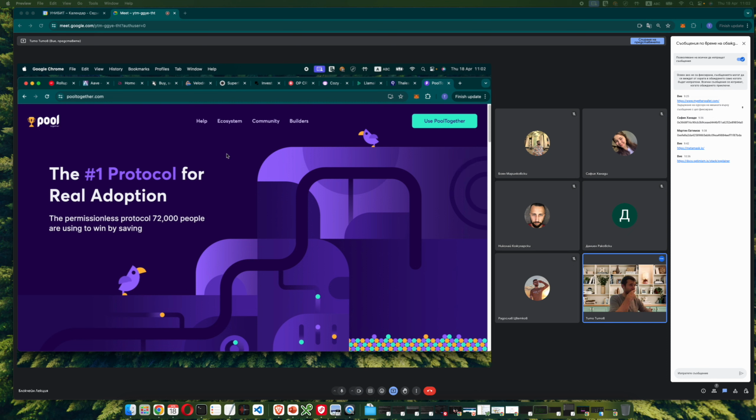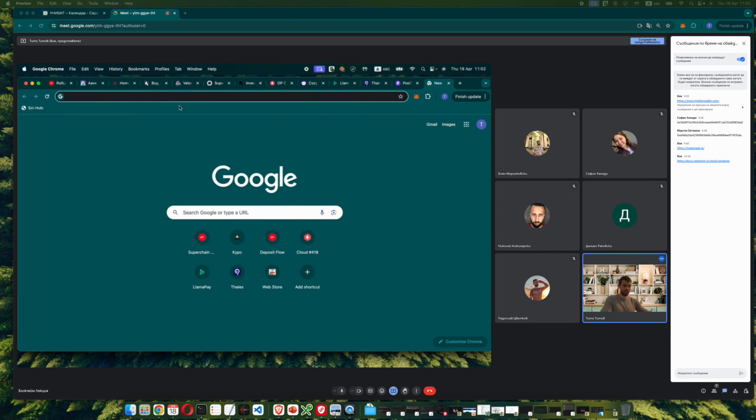For tomorrow, it will be nice if you have MetaMask because we may need to use it for the smart contracts that we are going to write in Solidity.